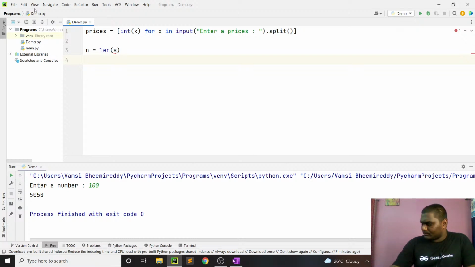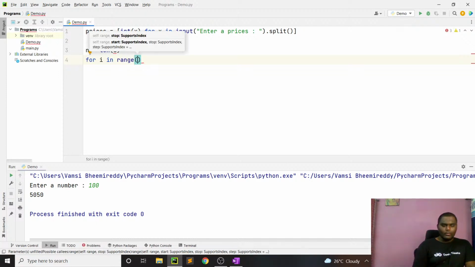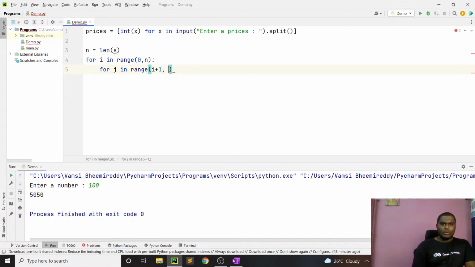Now you need to iterate over a loop. So for i in the range of, you need to start from 0. Then you need another loop which starts from i plus 1, the next day onwards, and it has to go till n.